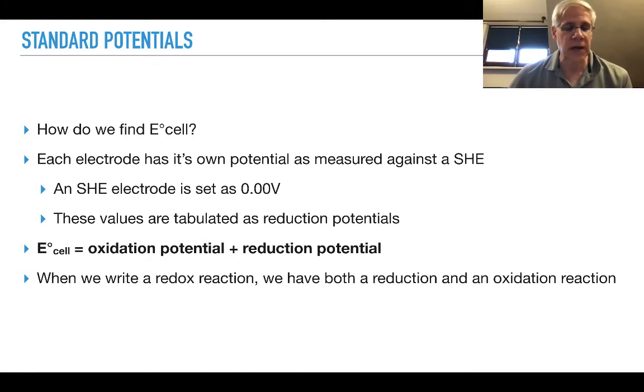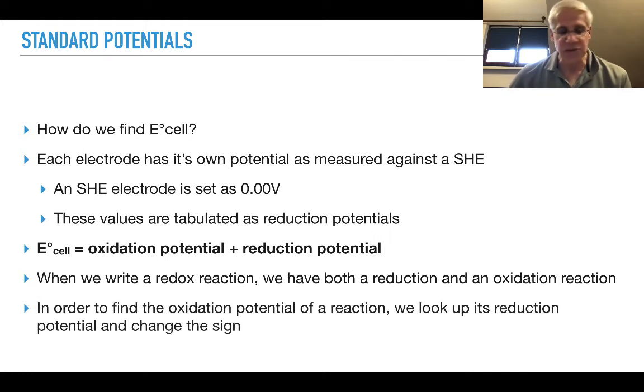So what you would have to do for a half reaction's oxidation potential is just change the sign of the appropriate half reaction and then add the two potentials together. So add the changed sign value from the oxidation potential to the tabulated reduction potential, and that will give you E0 cell. Okay, so I just mentioned that.